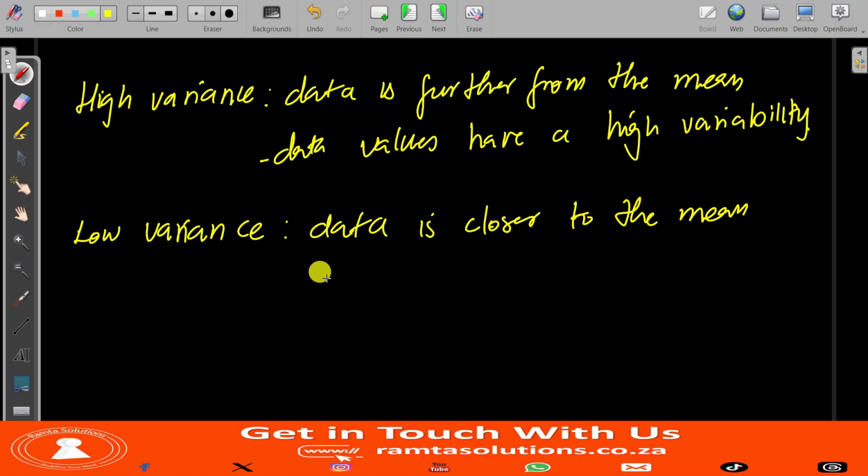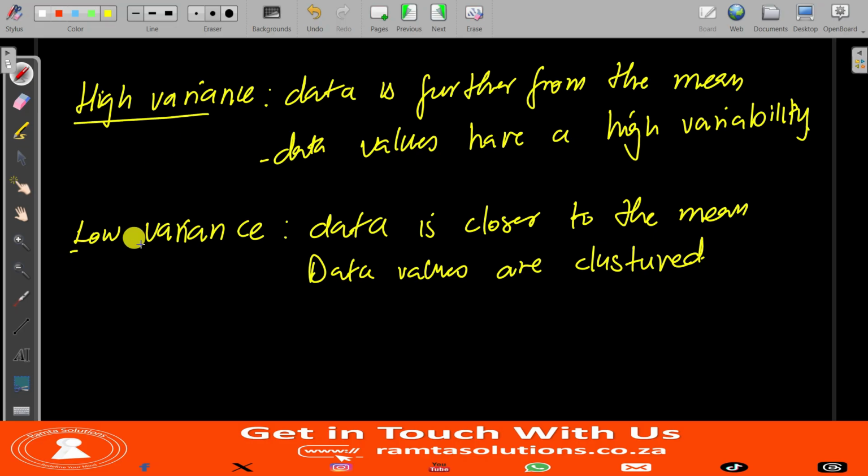And if it's closer to the mean, it means the data values are clustered. When we say they are clustered, they are so close together. So this is what it means when you have your variance.